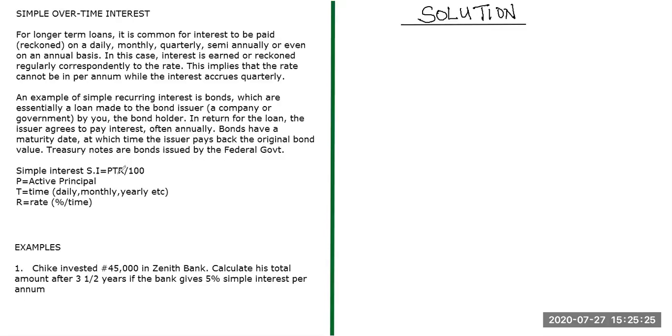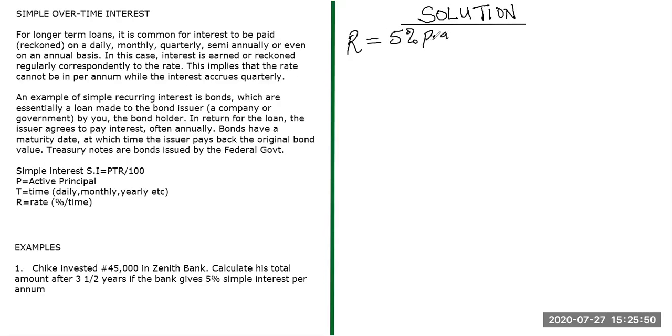All right, so that's the formula there, PTR over 100. Okay? So let's take an example of this simple interest over time. It says Chike invested 45,000 in Zenith Bank. Calculate his total amount after 2.5 years if the bank gives 5% simple interest per annum. So our rate is 5% per annum.